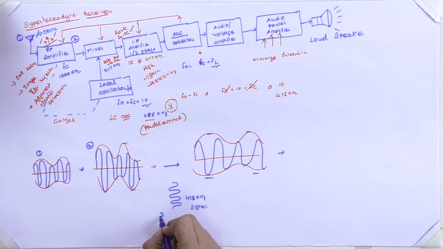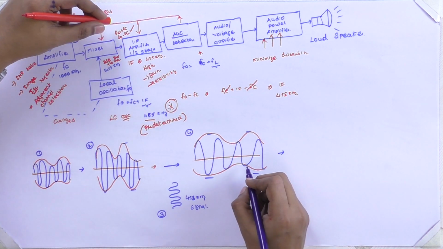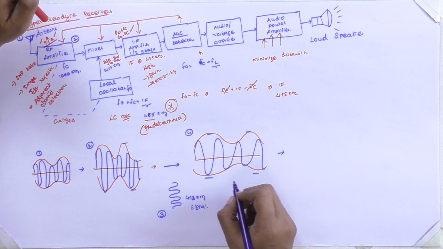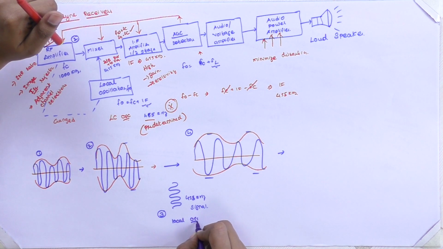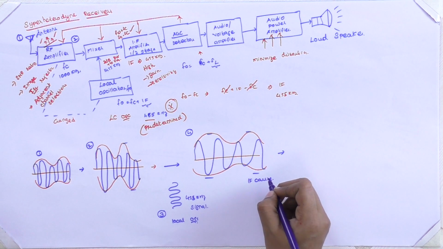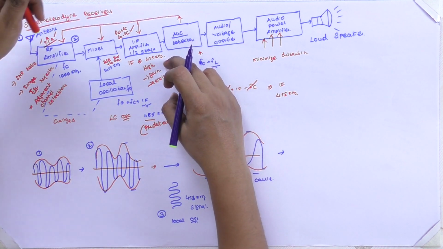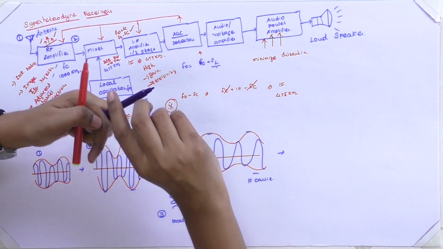This is our third stage mixing, and this is the resultant of our mixture, and it is fed to the IF with the local oscillator. This is our local oscillator, this is our IF carrier, and the resultant signal is amplified using the IF amplifier stages.